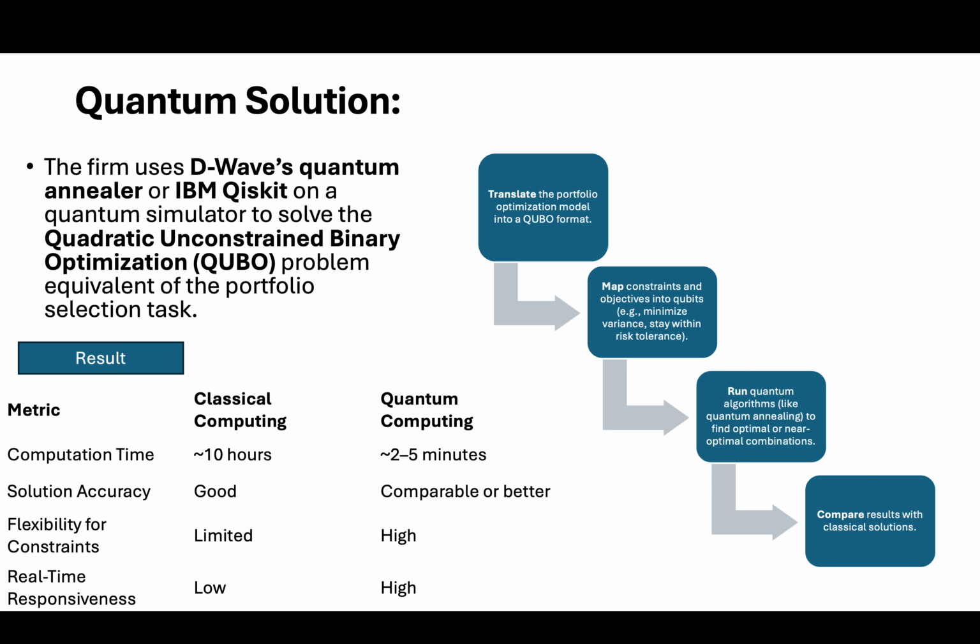Then comes solution accuracy: good, comparable, or better. Flexibility of constraints is limited in classical computing, and in quantum computing it's very high. Real-time responsiveness is low in classical computing, and high in quantum computing.